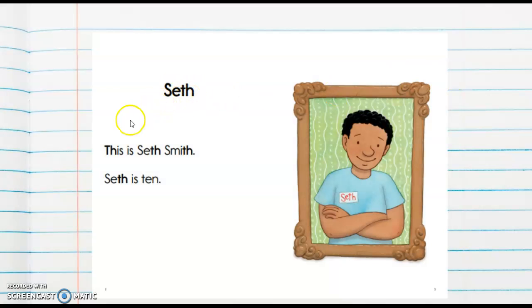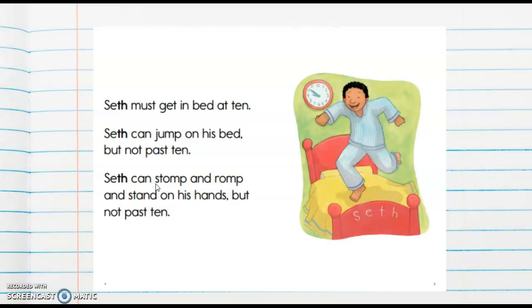Seth. This is Seth Smith. Seth is 10. Seth must get in bed at 10. Seth can jump on his bed, but not past 10.